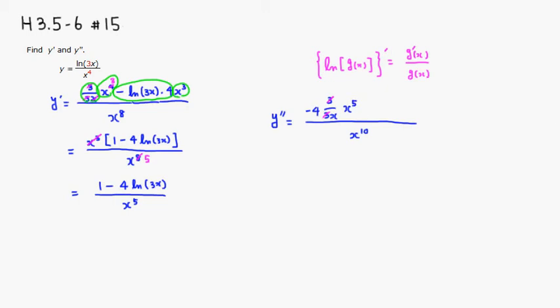We can cancel x, and that's going to be a 4th power. And a minus, and the top is just 1 minus 4 natural log of 3x, multiplied by the derivative of the denominator. In this case the denominator is x to the 5th, so you multiply by 5x to the 4th power.